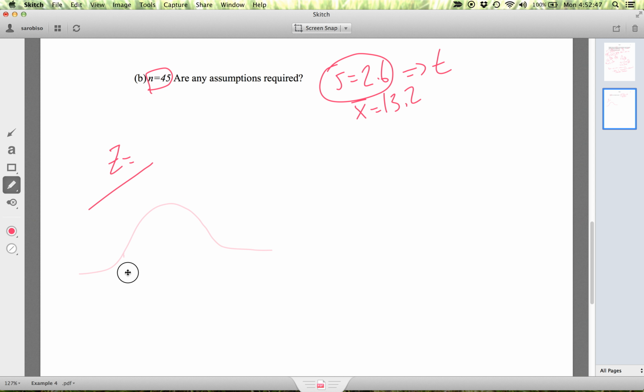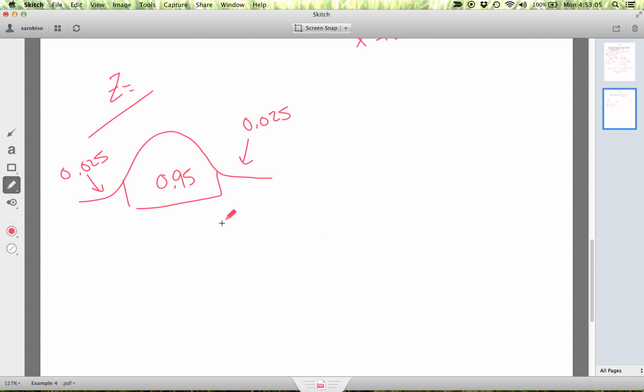I'll start by drawing the shape. I want to be 95% confident, meaning that the middle 95% is where I want to have my values. Again, I have 5% left over to share in both of these tails. 5% divided by 2 is 2.5%. Here I'm looking for these z values.